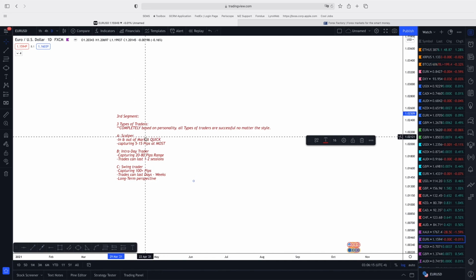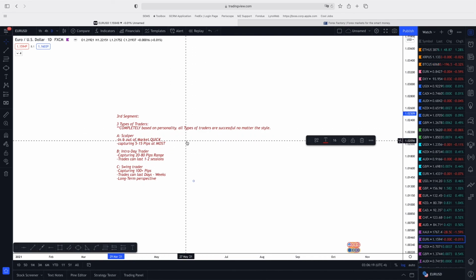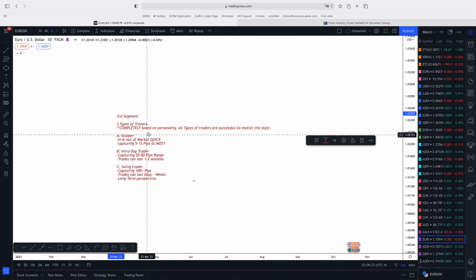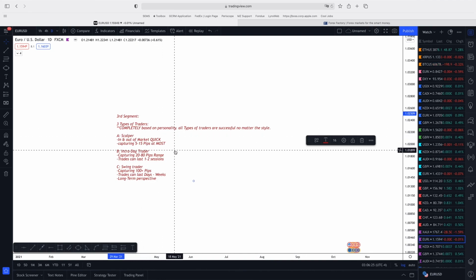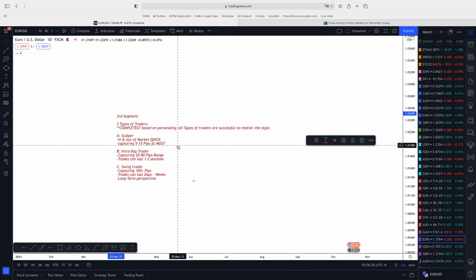A scalper is someone that likes to be in and out of the market very quick, very short-term trades where they're only looking to capture maybe about 5 to 15 pips at most. Guys, I want to let you know, most people in the beginning of their career think that they're a scalper because you're in and out of the market quick, just trying to make a quick buck. You're not a scalper.